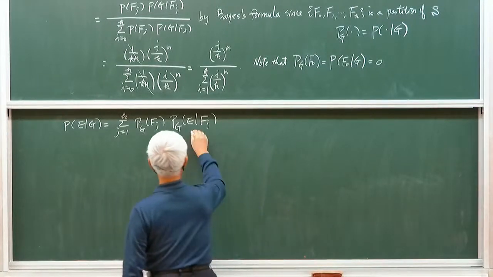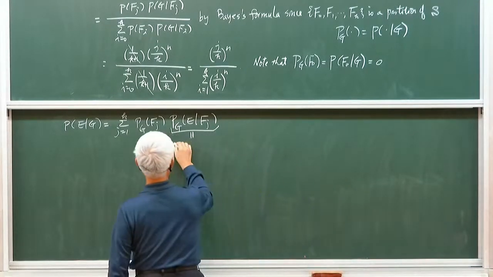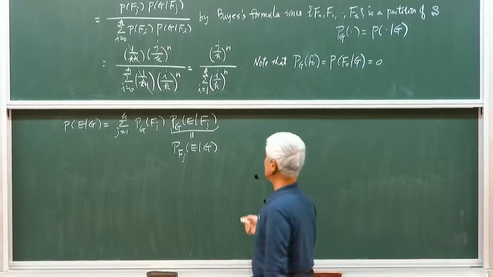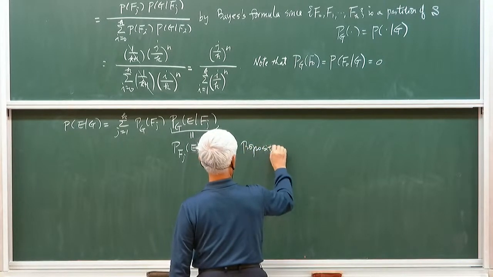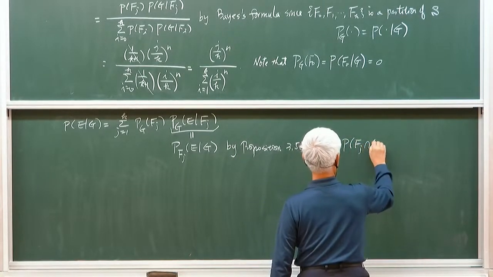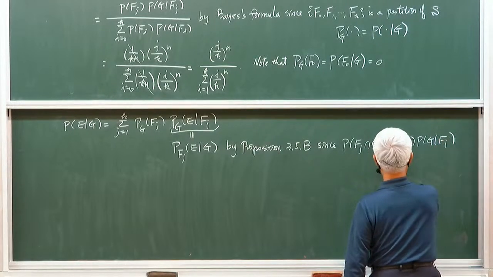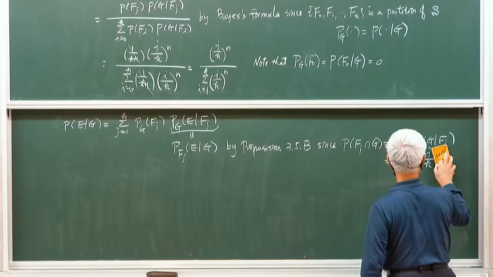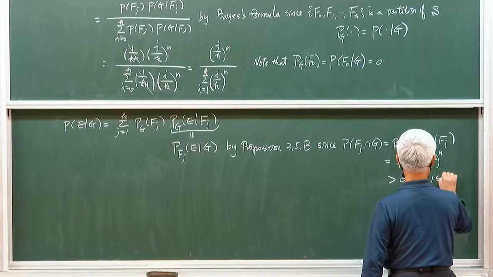Now this two-label probability equals P(Fj) P(E given G), by proposition 3.5.b, since the probability of Fj intersect G is greater than 0 for all j from 1 to k.